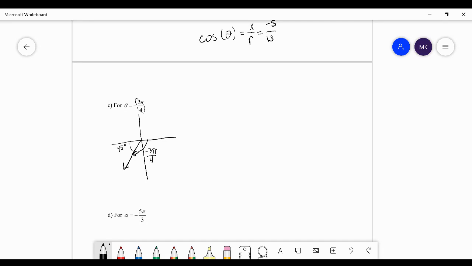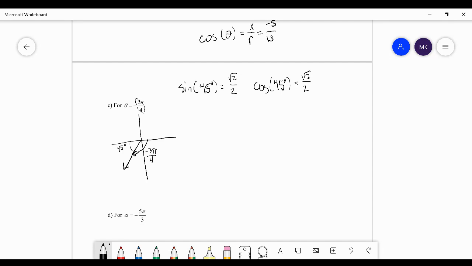The reason that's important is because it allows us to use the sine and cosine values of a 45 degree angle for this angle here, okay? So sine of 45 degrees is root 2 over 2, and cosine of 45 degrees is root 2 over 2.